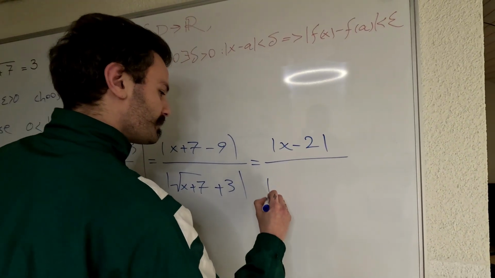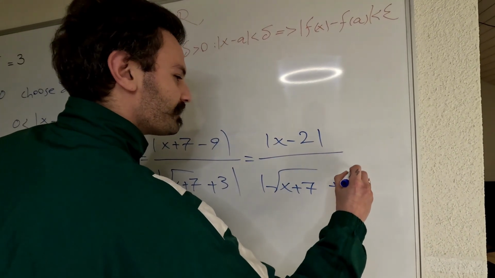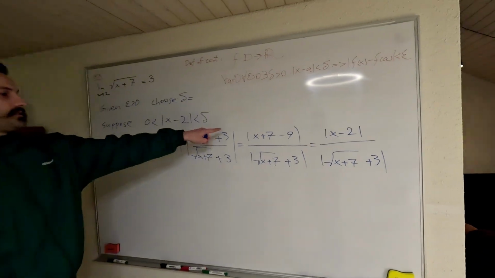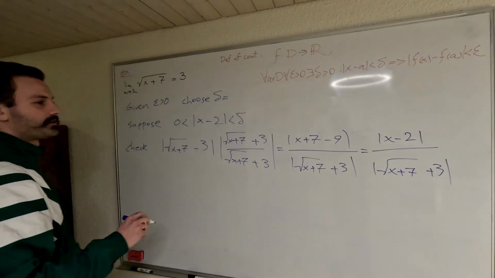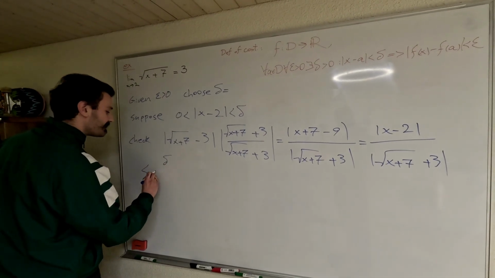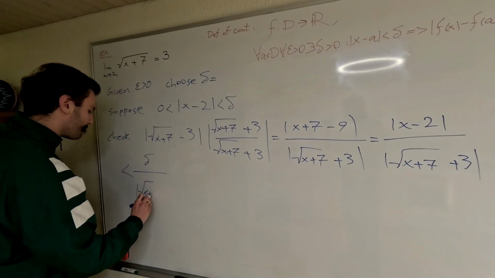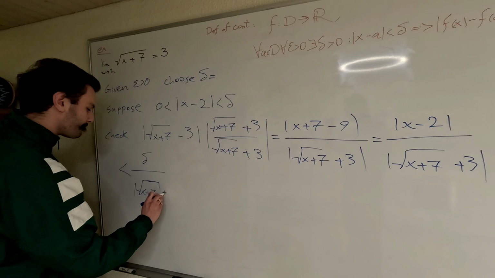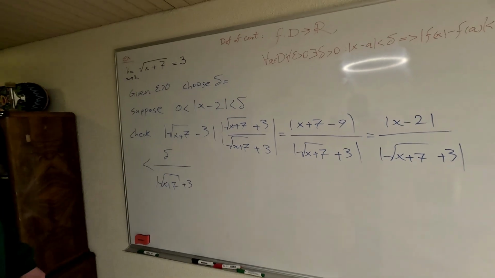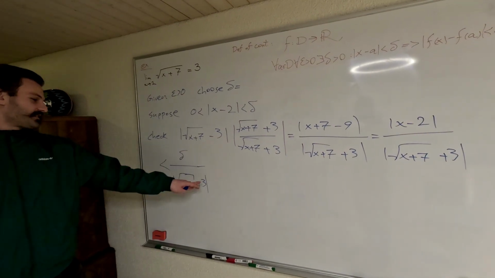over still the same denominator, and based on our assumption that the absolute value of x minus 2 is strictly less than delta, over this denominator. And yeah, we are almost done, but we need to estimate this further on.